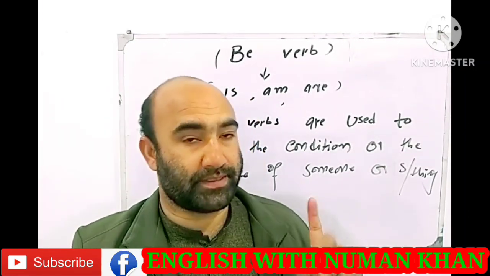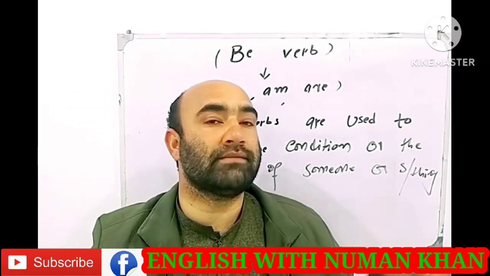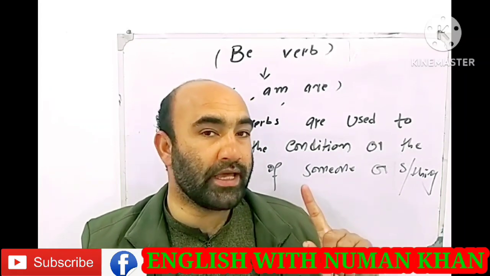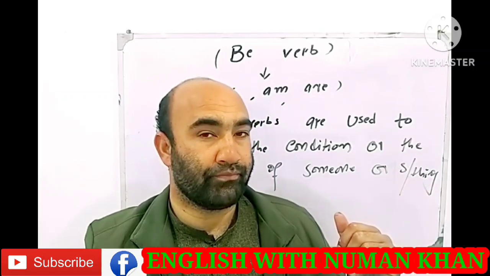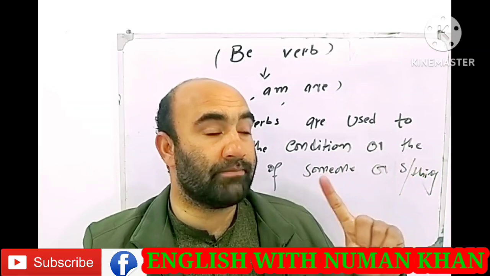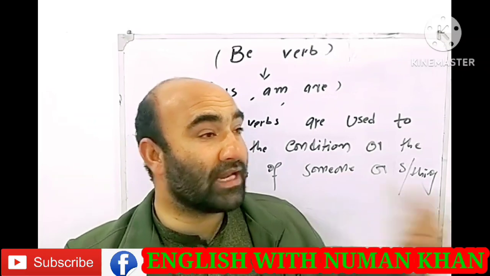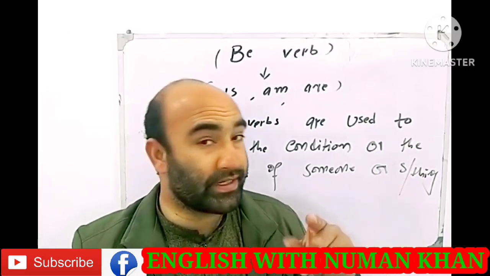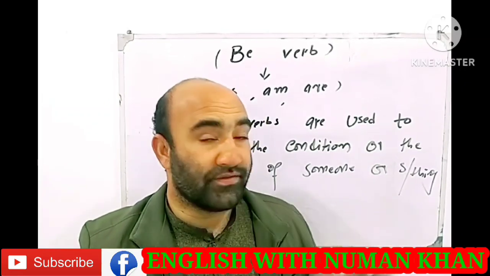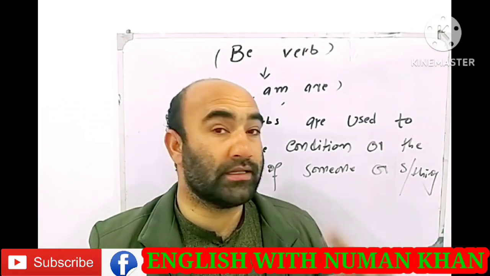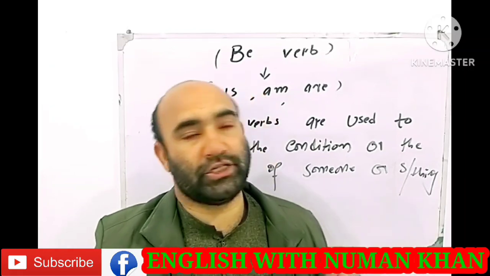Whenever these verbs, is, am, are, are used in the present continuous tense, it means they show their time. They help the main verb. Because the action is there, the main verb is already available there. It just helps the main verb. Are you getting the point or not? In the present continuous tense, whenever we are making a sentence, look at here, in the present continuous tense, I am teaching English.